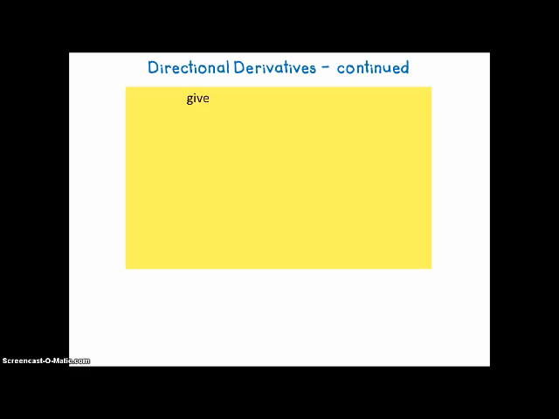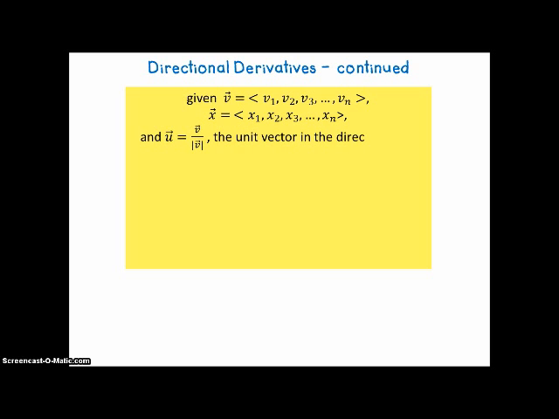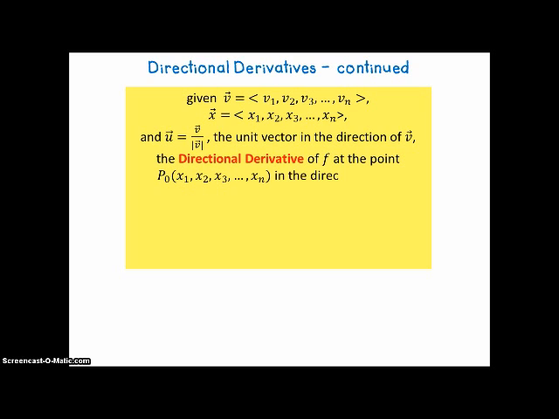Directional derivatives continued. Given vector v of several variables, n variables, and x, which is your actual variables in your function, same number of variables, then if u equals the unit vector in the direction of v, the directional derivative of f at the point p0, which you have specific values for your n variables, in the direction of u is given by this limit.